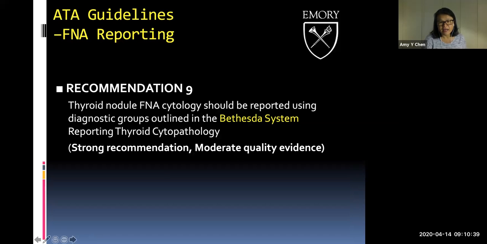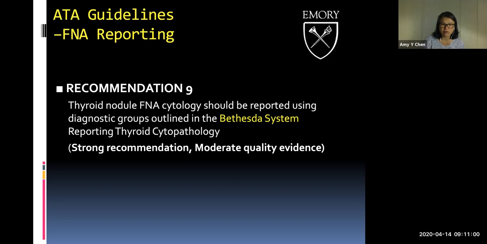So the FNA is reported according to the Bethesda system, and the Bethesda system was created back in the early 2000s when a group of pathologists got together in Bethesda, Maryland, that's why it's called the Bethesda system, to go through how they would standardize the reporting of these nodules.